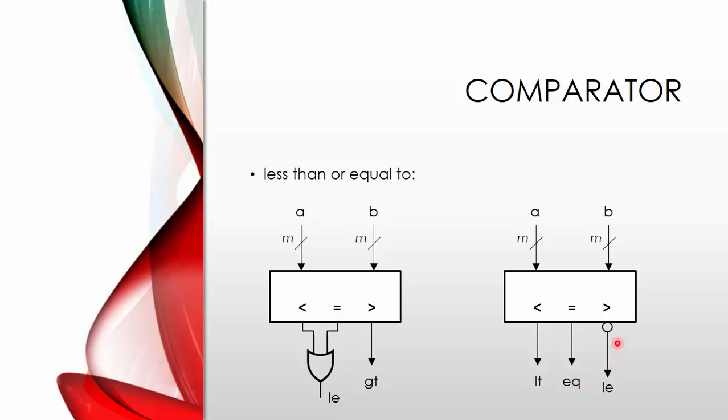But a preferred solution is to put an inverter at the output of greater than. So we get less than or equal to this way. And again, this is preferred because it requires only an extra 2 transistors, while this one requires 4 transistors.